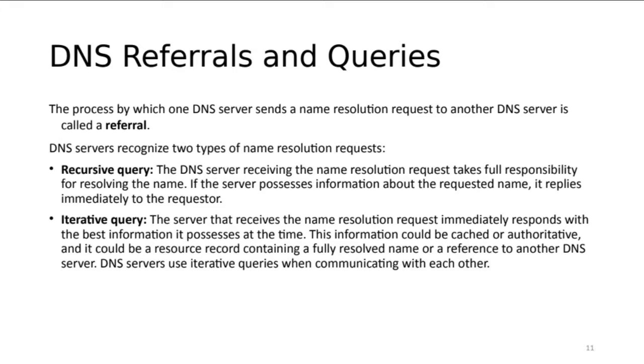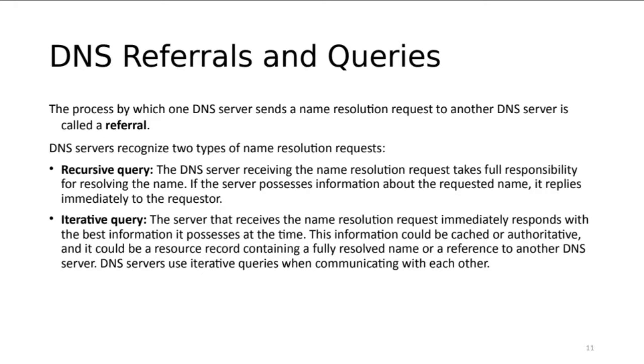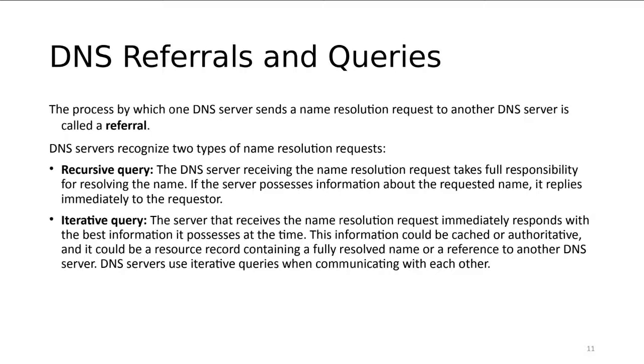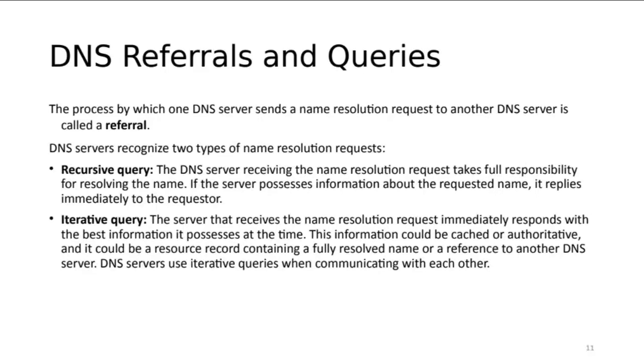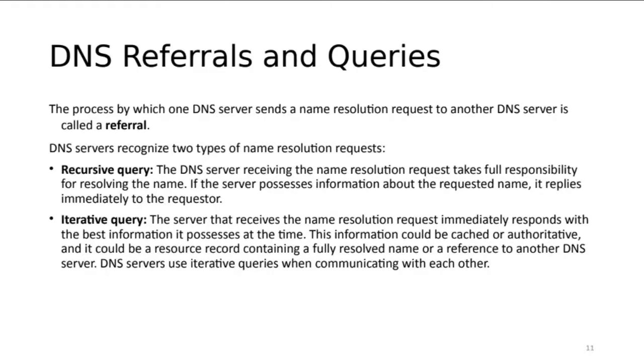Iterative: the server receives the name resolution request and immediately responds with the best information it possesses at the time. This information could be cached or authoritative, and it could be a resource record containing a fully resolved name or a reference to another DNS server, like we saw in the example here.